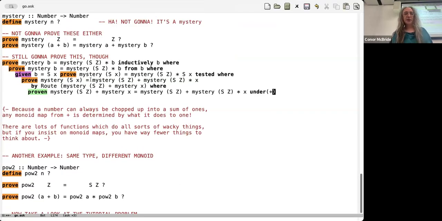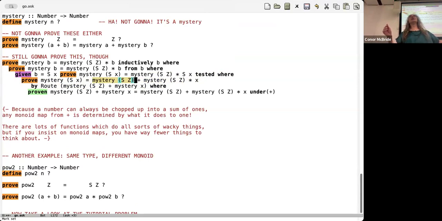Right. So, yes, it's important that we develop reading comprehension. So this whole thing here is the sum of two things. The first thing says mystery, and then S Z means one. When I write two things beside each other, they're just next to each other, like mystery one.